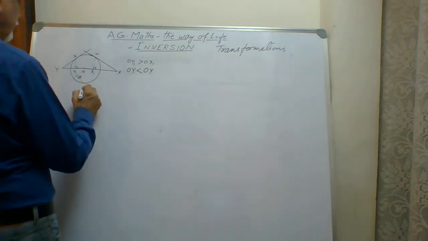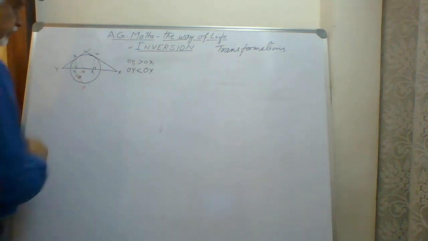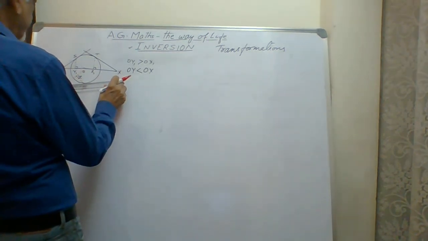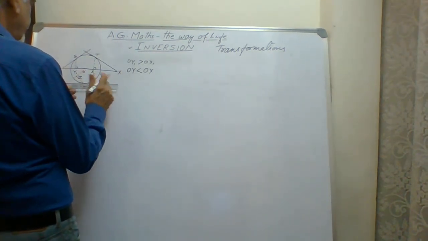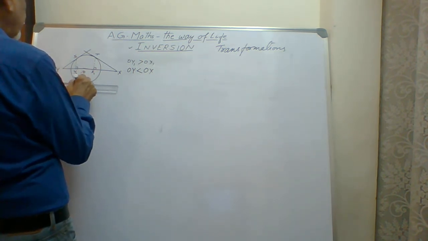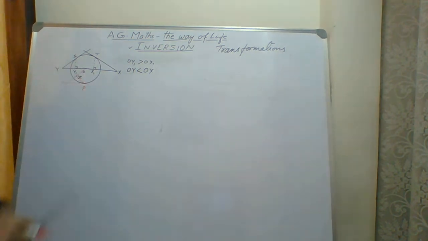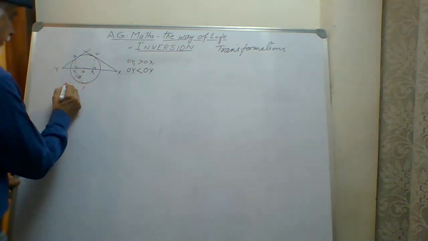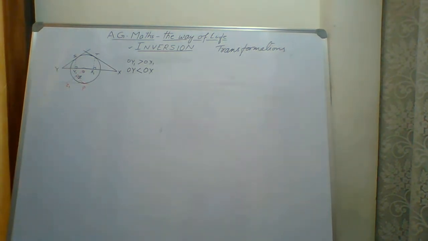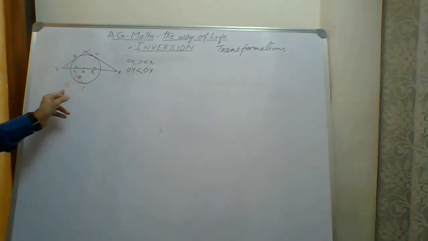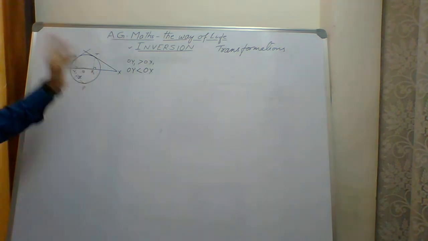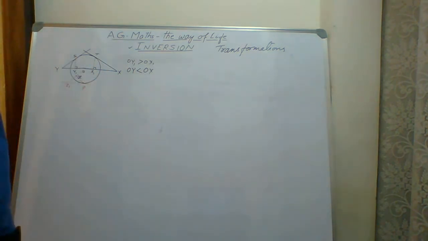Suppose we call this point P. Then the other thing we are supposed to do is draw a tangent to the circle from P. This is the tangent. So this point, which is the intersection, is called Z1. So what happened? The point inside went outside. The point outside went inside. This is what inversion is.